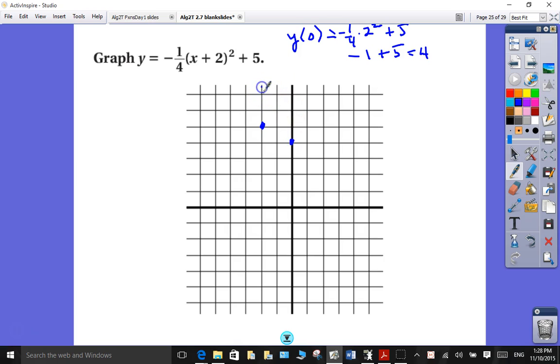Okay, use symmetry now. What other point could I put onto that graph? Right, what's the other point? The y-intercept is 2 to the right, 2 to the left, -4, +4.